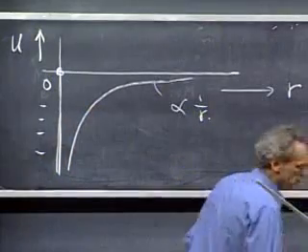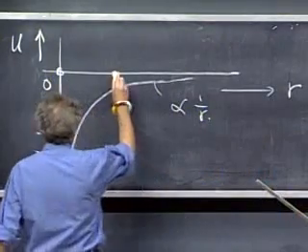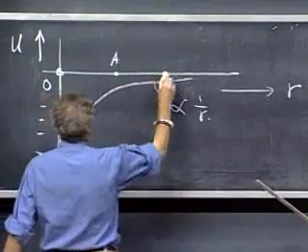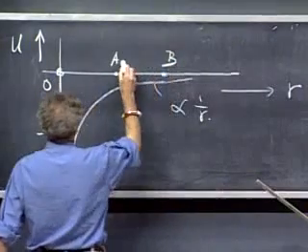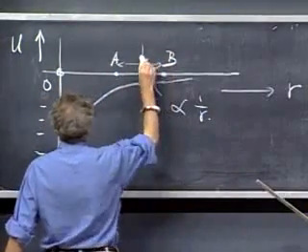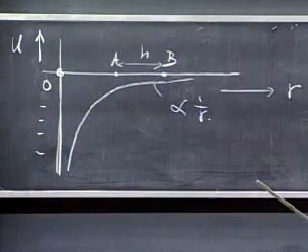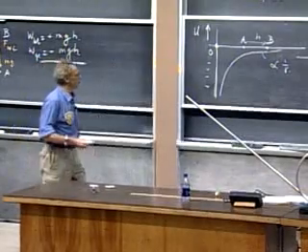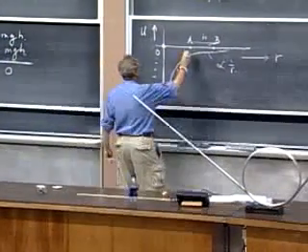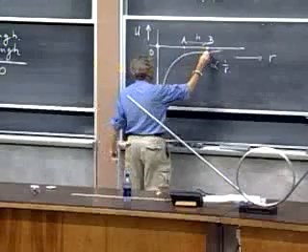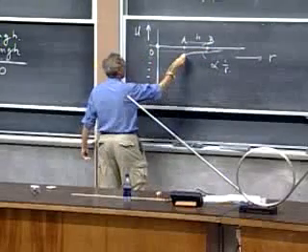If you move an object from A to B, and this separation is h, and if A and B are very far apart, the difference in potential energy is no longer mgh, but the difference between this value and this value.